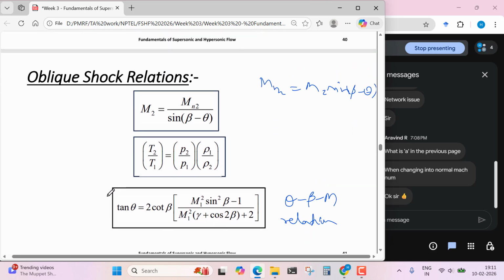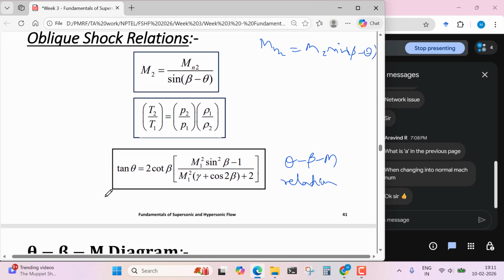To find the beta, we have to use the relation which is called the theta-beta-M relation, and it is given by tan theta equal to 2 cot beta times (M1 square sin square beta minus 1) upon (M1 square (gamma plus cos 2 beta) plus 2). Generally in the problem we know the value of theta, which is the turn angle, and the Mach number.